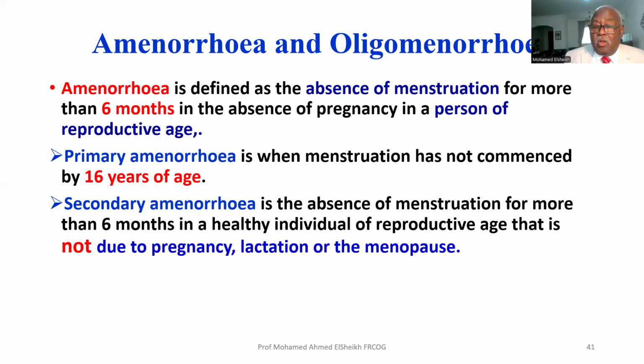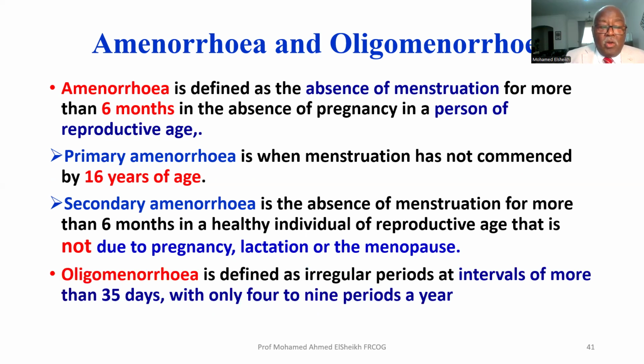So you can see the keywords here: 6 months absence during the reproductive life or reproductive age. This is the second keyword. And the third keyword is the absence of pregnancy, lactation, or the menopause. This we call secondary amenorrhea.